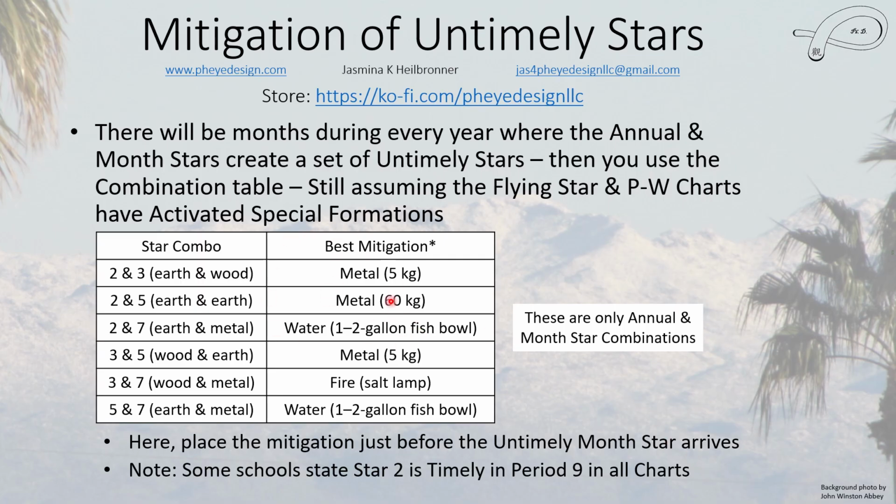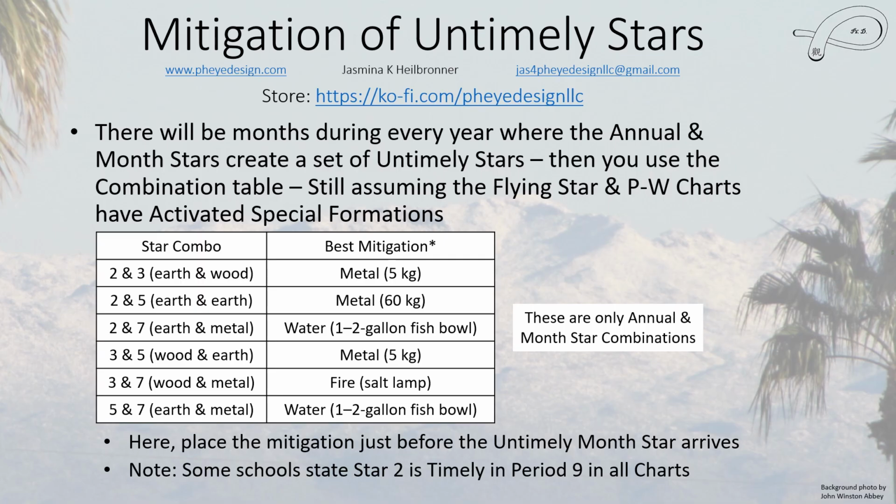But this is why, if you noted on the last slide, I said you need 40 kilograms for 5 and 20 for star 2, because we know absolutely for certain, if you have the 5 yellow, that is the annual star 5, at least 1 month out of the year, the star 2 will be there as a month star. So that's why you add the two together and get 60 kilograms, and it takes care of everything.